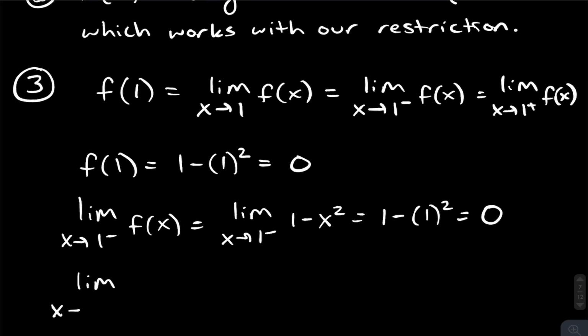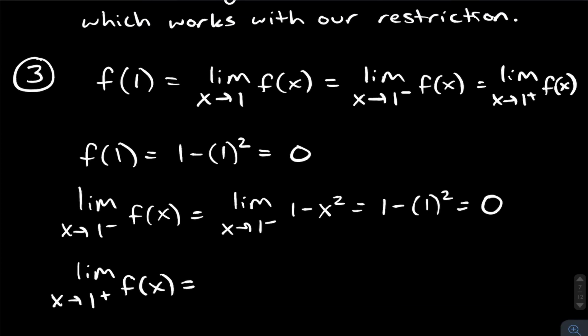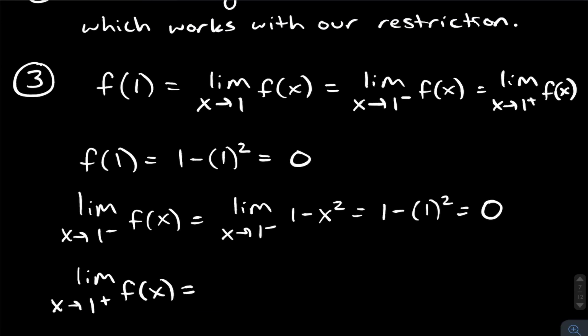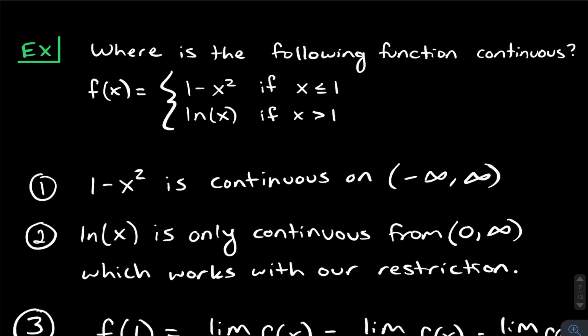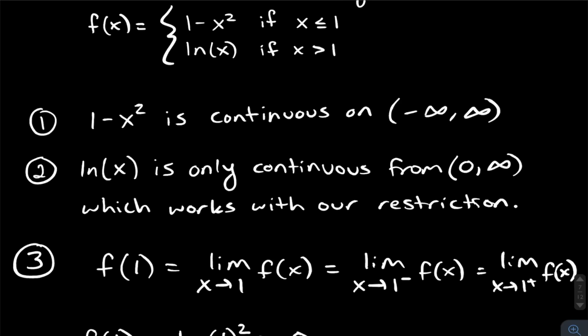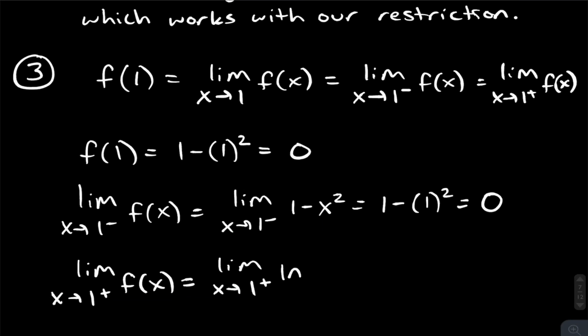Then let's check the limit as x approaches 1 from the positive side, and this is going to be a little bit different, okay? That's going to be the limit as x approaches 1 from the positive side of the natural log of x function, right? And for that, we can plug in again, natural log of 1, right?